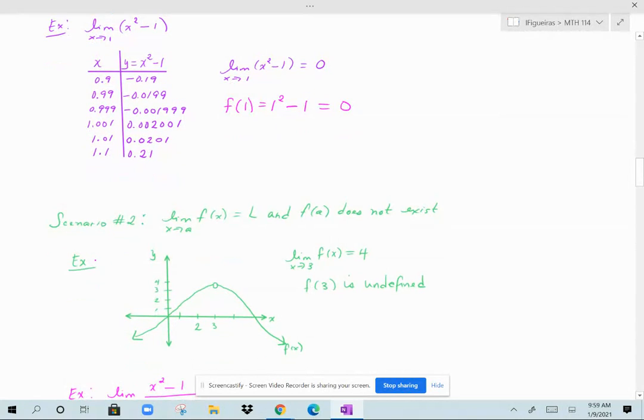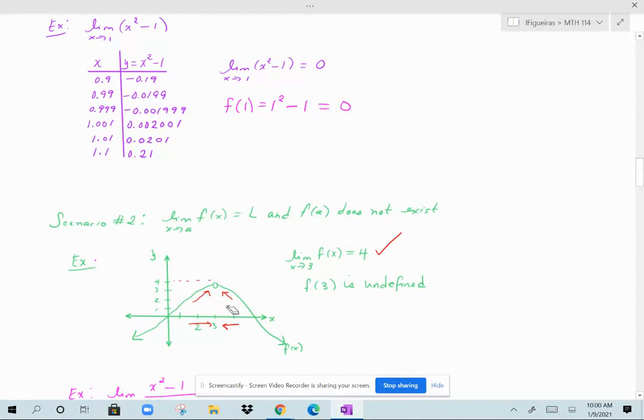So here's a graphical example. I want to evaluate the limit as x approaches 3. So I'm on the left side of 3, and I'm following the graph, and it appears to be approaching this open circle, which corresponds to the value 4. When I'm on the right side of 3, and I follow the path, I also seem to be approaching that same open circle, so my limit is 4.